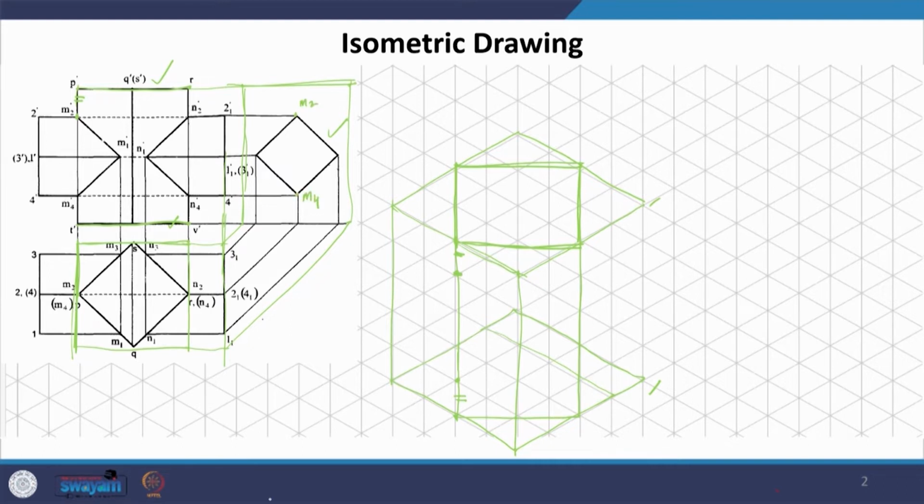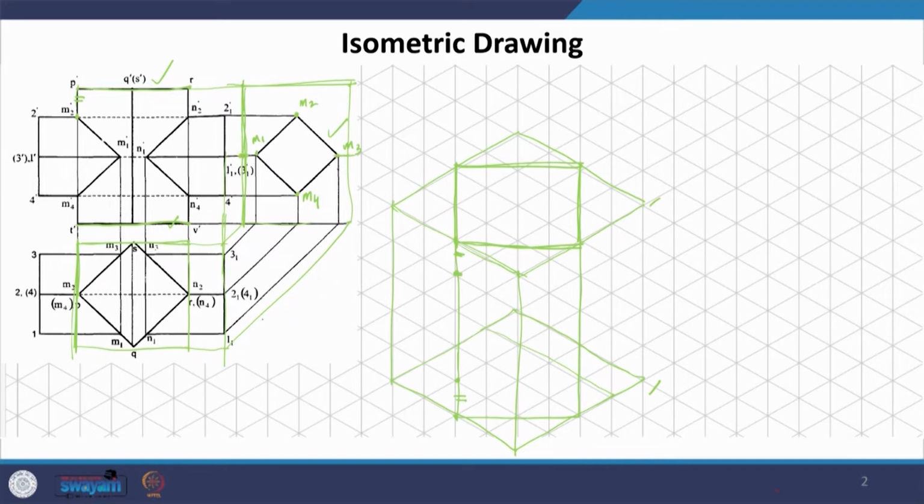Now, we have to arrive at this point, say M1 and M3, okay. So, if I have this and we already know M2 and M4, we can actually arrive at M1 and M3 if we know this height.